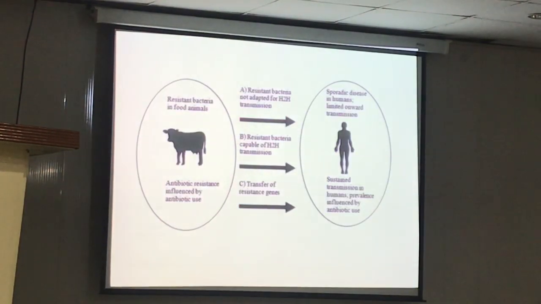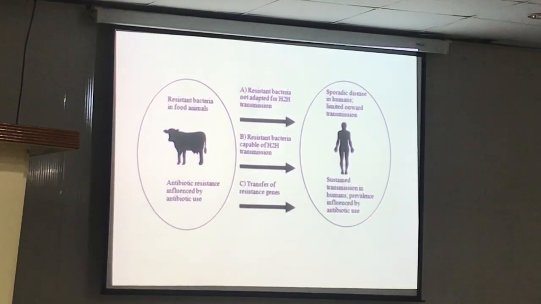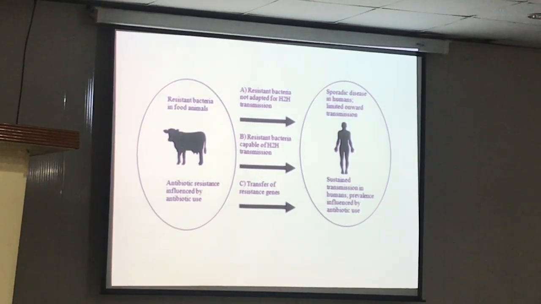Next slide, please. Now, this is another graph which shows how resistant bacteria actually develop and how they flow. You can see that when certain bacterial resistance develops, it is not the case that in all instances there will be human-to-human transmission. Human-to-human transmission is one phenomenon, but it is not always the case. So, scenario A is resistant bacteria not adapted to human transmission.